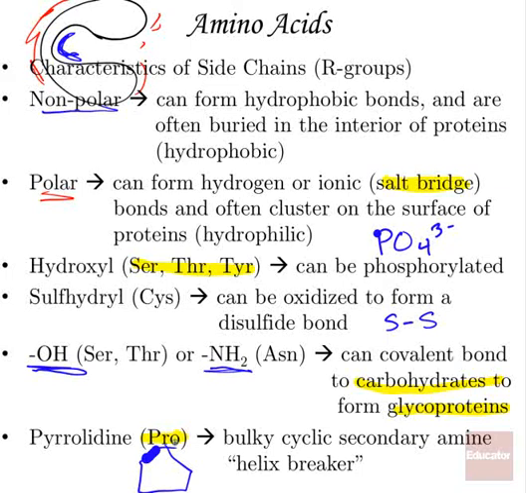Now this is what we call a helix breaker. Prolines are not found in helices because this is too bulky, it's too big to be formed properly in a nice helix. So often they are found at turns, because they help with a U-turn type characteristic.